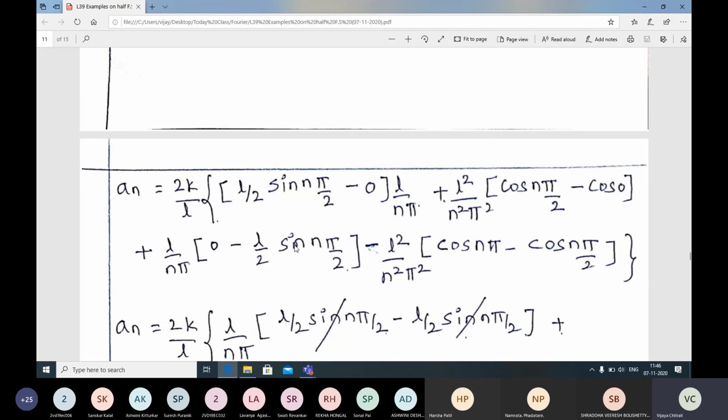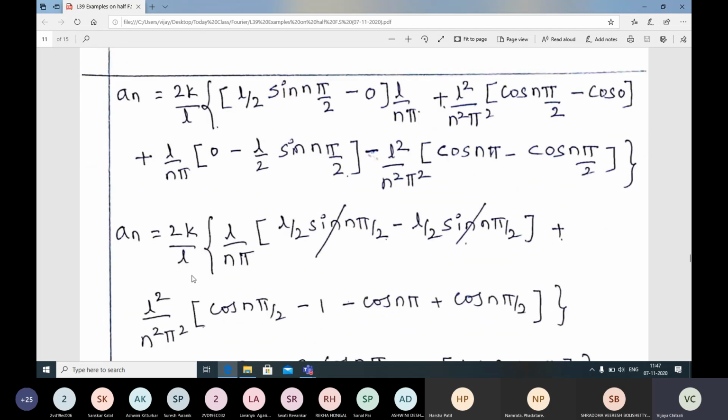Minus L by 2 sine n pi by 2 minus L square divided by n square pi square, cos n pi, because substituting x as L, denominator L gets cancelled, and substituting here L by 2, so in place of x, we'll get here the lower term as cos n pi by 2.